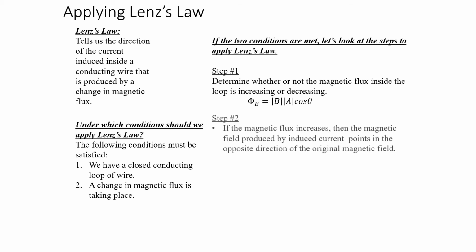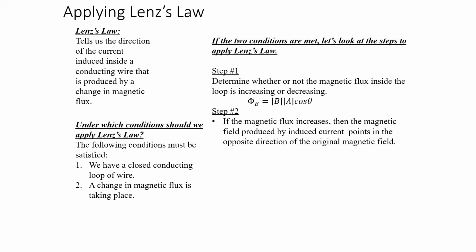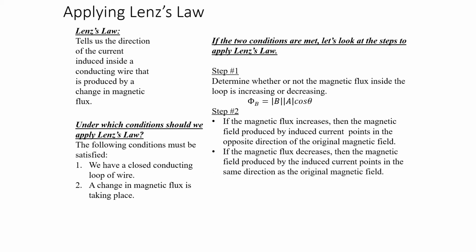Step two says that if the magnetic flux increases, then the magnetic field produced by the induced current points in the opposite direction of the original magnetic field. So these two steps are very important. If the magnetic flux decreases, then the magnetic field produced by the induced current points in the same direction as the original magnetic field.